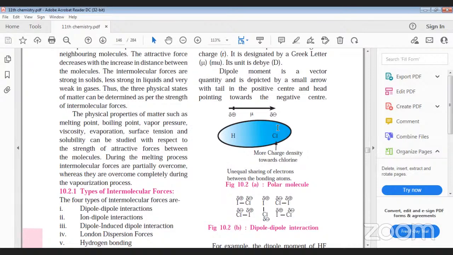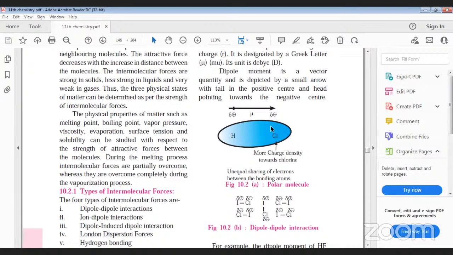You can see another example also, where you can see a polar molecule like HF, hydrofluoric acid. So the bond between hydrogen and fluorine. Hydrogen atomic number 1, fluorine atomic number 9. So fluorine will also require how many electrons? 2,7. So 1 electron fluorine will require to complete the octet.